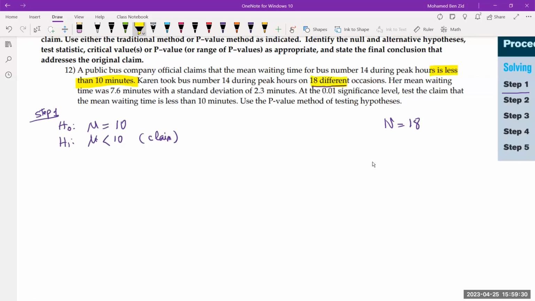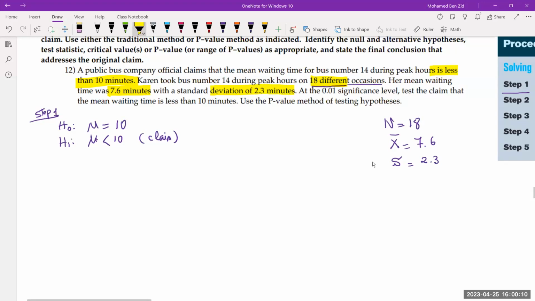Her mean waiting time was 7.6 minutes, and that would be the X bar, with a standard deviation of 2.3. Whenever they are talking about standard deviation, they're talking about the 18 different occasions, right? So that's s, it's not the population one, right? So that's 2.3 here.